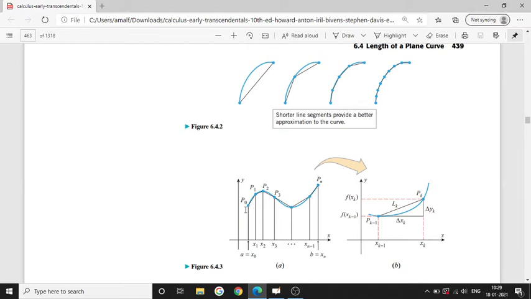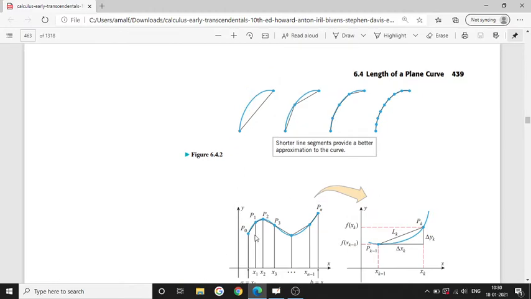Now you join the line segments. So join the points p0 and p1, then p1 and p2, then p2 and p3, so on, pn minus 1, pn. So you will get line segments which are connecting the points p0, p1, p2, etc.